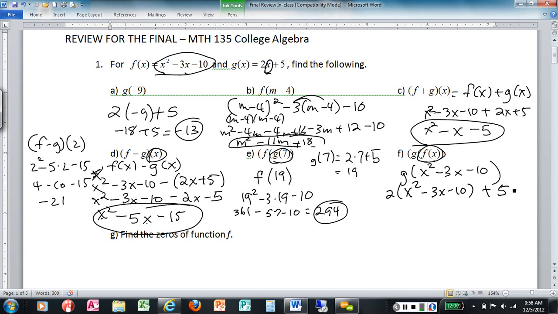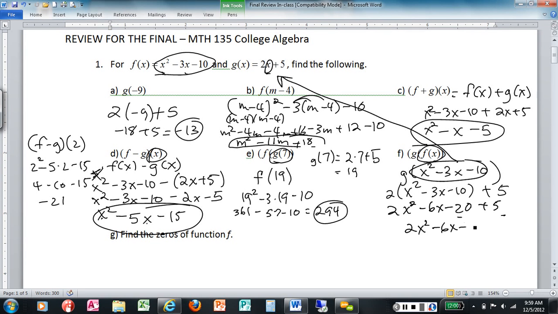I just plug this in right here for the X in the G. So that winds up being 2X squared minus 6X minus 20 plus 5. And so just combine the like terms. 2X squared minus 6X minus 15 is what I wind up with. Okay? So it's just a little bit different combination of functions. It's called the composition.